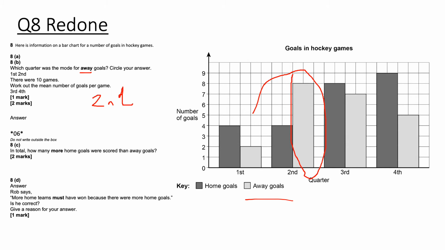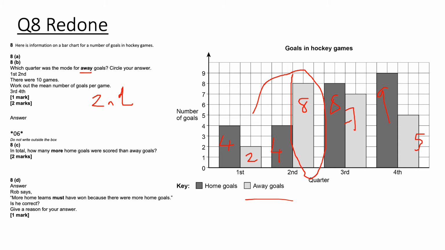For part B, it says that there were 10 games. Work out the mean number of goals per game. Well, it's going to be 4 there, 2 there, 4 there, 8 there. So that's also going to be 8, 7, 9, and 5.